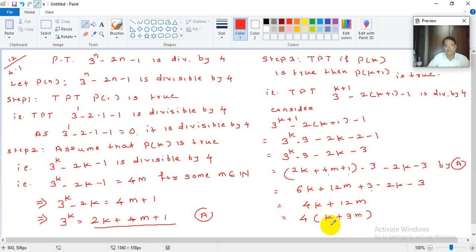मग k हा नॅचरल नंबर आहे. इथे आपण म्हटलेलंच आहे सम m बिलॉंगिंग टू कॅपिटल N. सो m इज ऑल्सो नॅचरल नंबर. So as k is natural number, m is natural number, k plus 3m is also natural number.